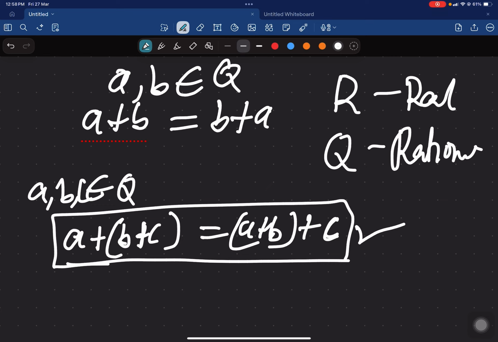And here we have an additive identity property also on the set of rational numbers. Now when you are operating on the set of rational numbers, when we talk about identity, as I said earlier, it means that we are adding, so let's say a plus, let's call b our identity element. It means whenever we operate using an identity element, we should get back what? The number, so a.